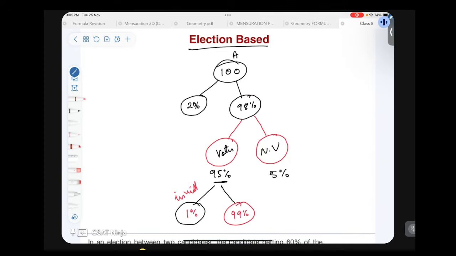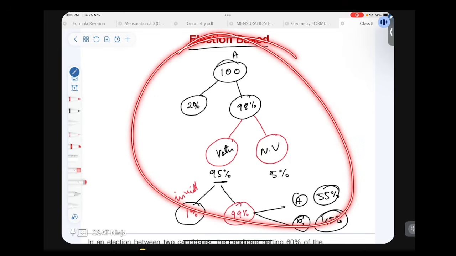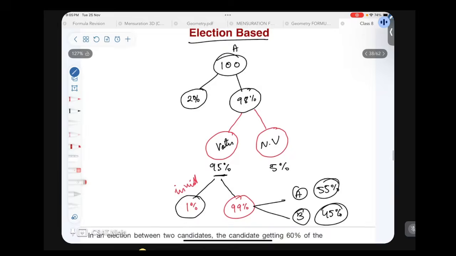Under this 99%, there will be two candidates, candidate A and candidate B. Let's just assume that candidate A got 55% of the total valid votes. Then B will get how much percent? B will get the remaining, which is 45%. So this is the only concept here. We'll try to understand this one thoroughly by solving some questions, okay?